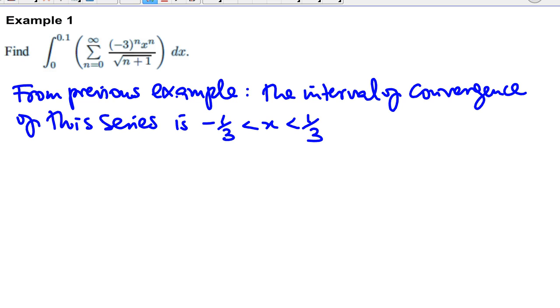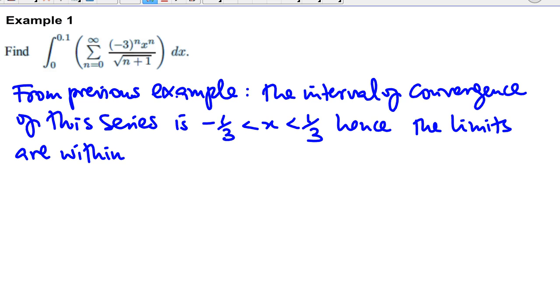And if you look at the limits of this integral, it's from 0 to 0.1. So this is within the interval of convergence here. Hence, the limits are within the interval of convergence.